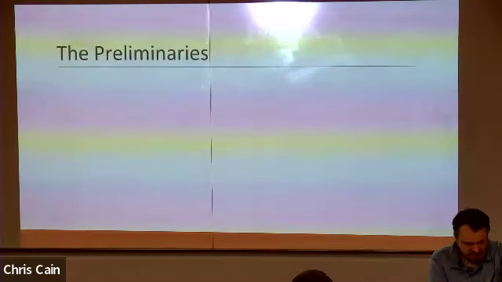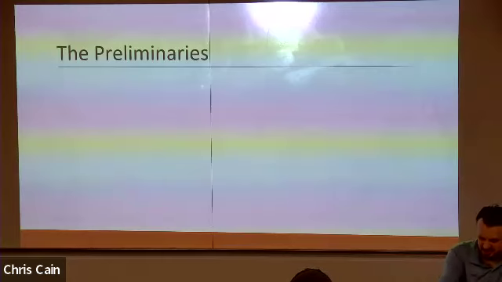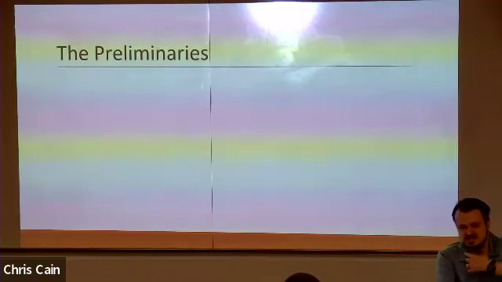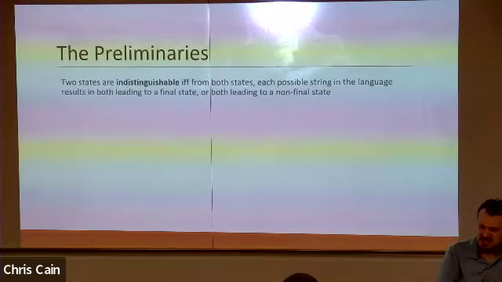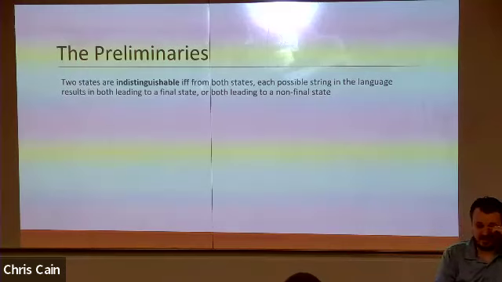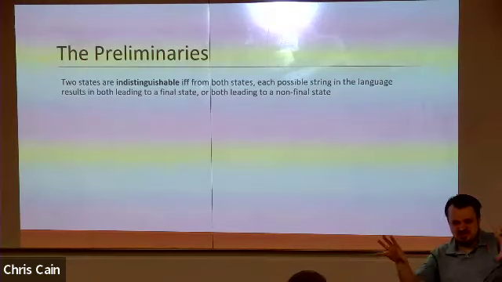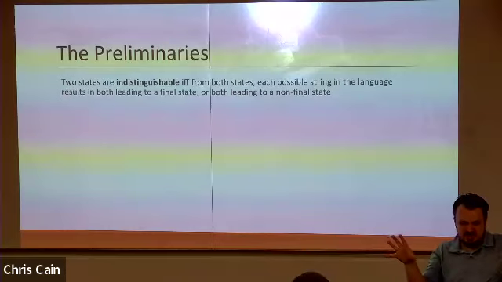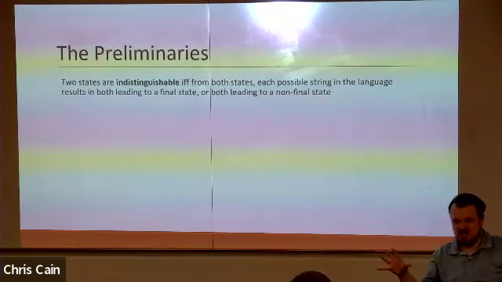So we need to define a couple of terms first. We need to talk about distinguishability. So we're going to define what it means to be indistinguishable and then what it means to be distinguishable. All right, two states are indistinguishable if and only if from both of those states, you could think of every possible string in the language, either leading to a final state or a non-final state.